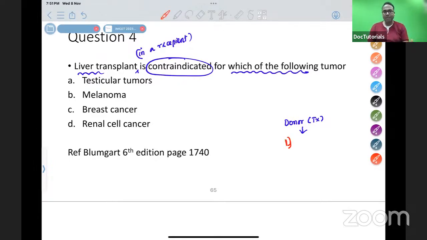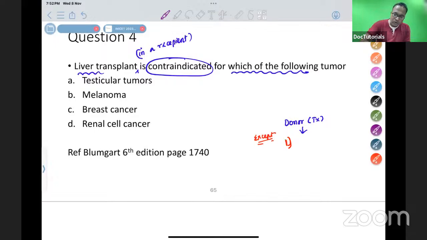A donor who can give liver is anybody, except a patient having cancer. Only three tumors can donate organs. Number one, endometrial cancer. Number two, any skin cancer except melanoma, non-melanotic skin cancer. Number three, any brain tumor.